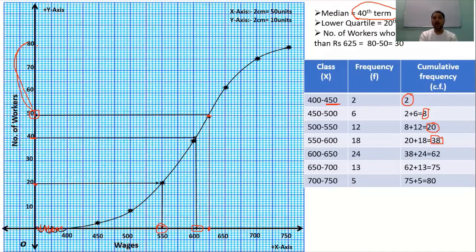The highest value is 80 and the least value is 50, so 80 minus 50 is equal to 30. So there are 30 workers who earn more than 625 rupees. In this way you can find any value from the given data.